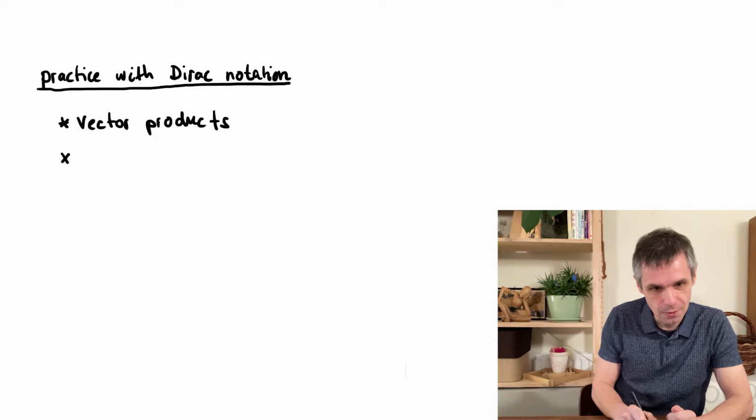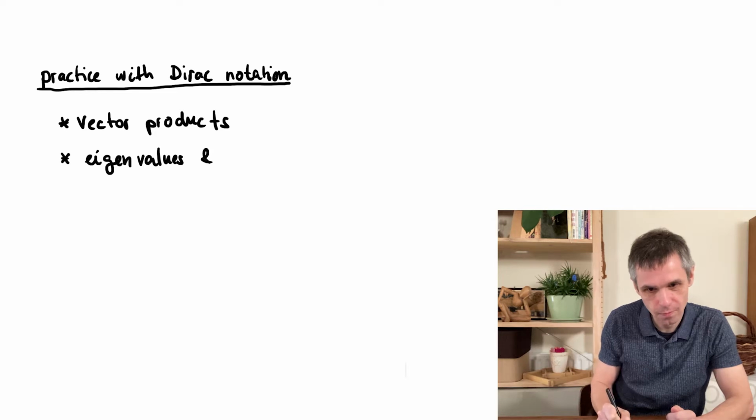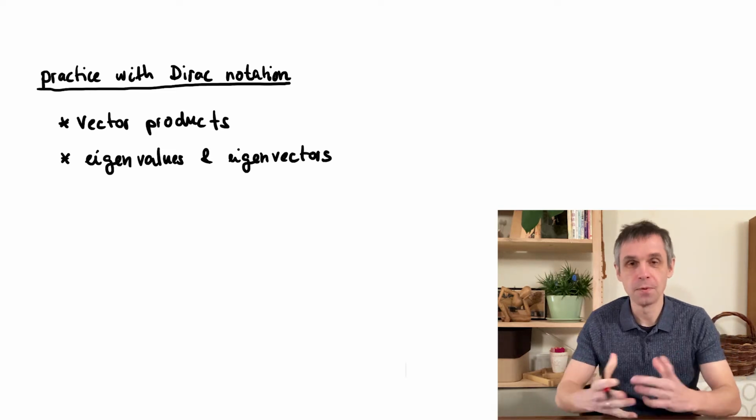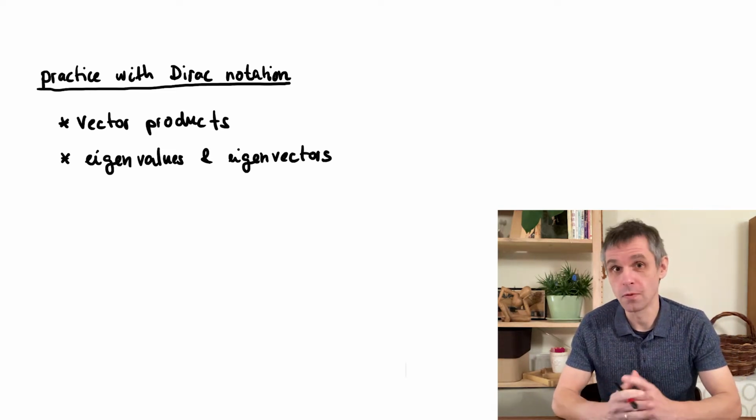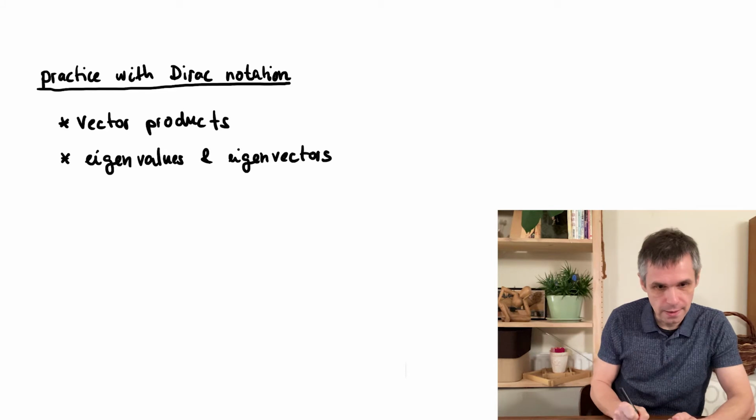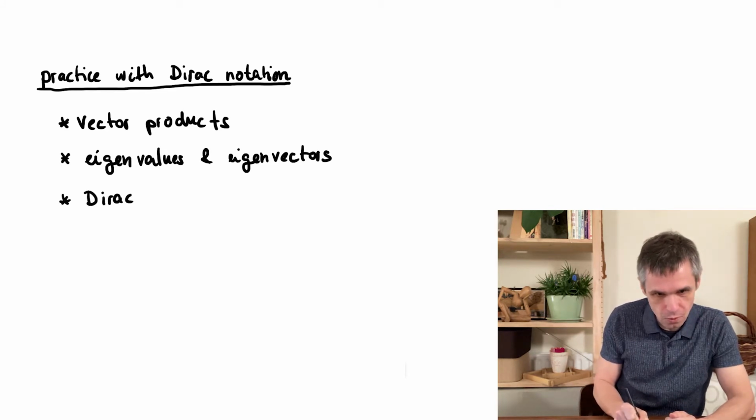And then I look at eigenvalues and eigenvectors. And in both cases I'm going to do it with normal vector notation. And then I'm going to look at these things also using the Dirac notation.